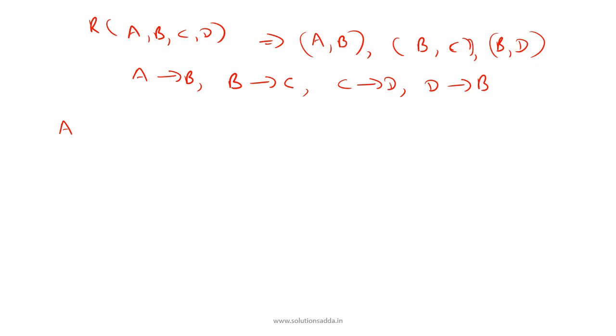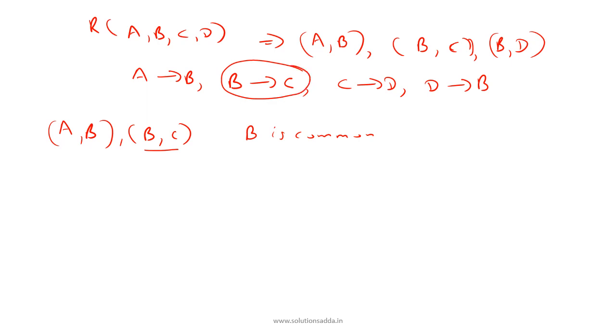So first decomposition, A comma B and B comma C. The first way to identify is that if you perform a natural join on this, then it should preserve all the dependencies here. The major thing to find is, first we have to find a common attribute. Here B is the common attribute, and B is a key in the dependency B determines C based on this functional dependency. So B is a key also in B determines C.